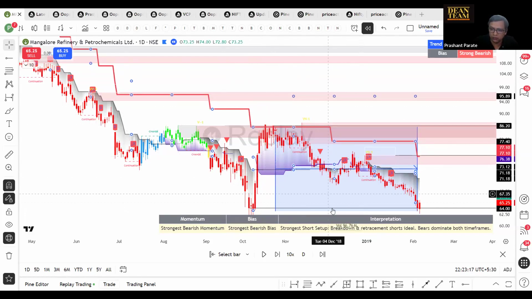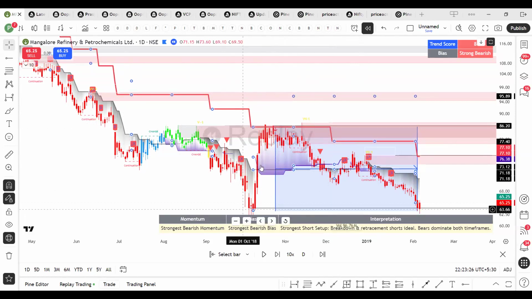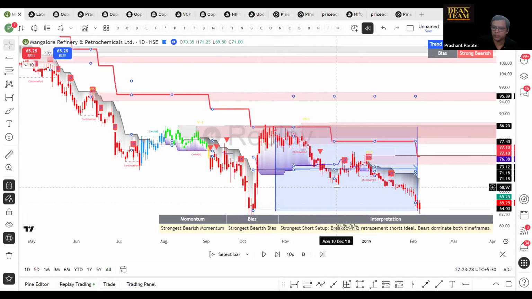So when there is first time green, I have mentioned this multiple times, I expect 60-70% retracement. Even if it turns green, I would have exited if it turns green. But my thought process is that it is likely to come down because this is a first up move.